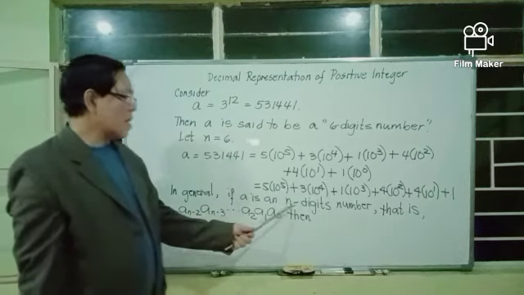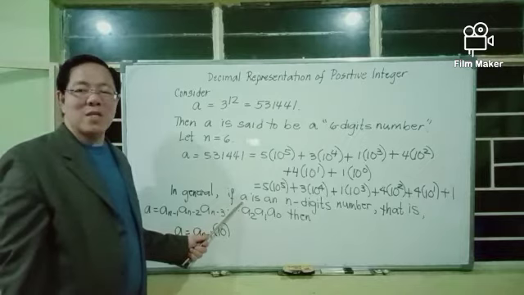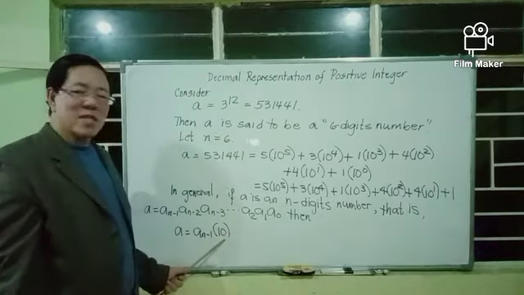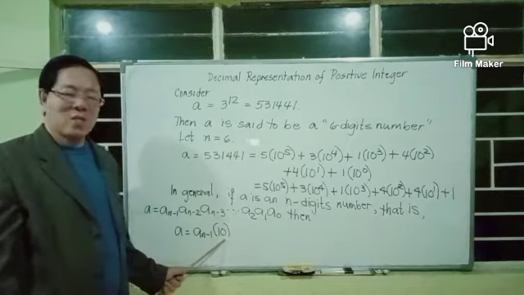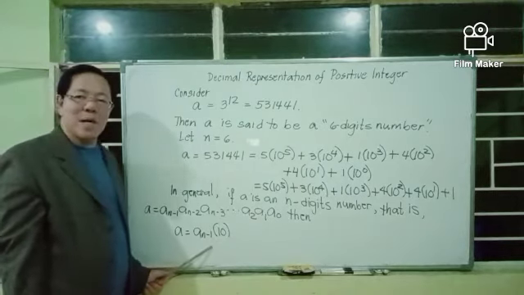And n is the number of digits in a. We are given that the positive integer a is an n digits number. Hence, the first exponent is n minus 1, which is the subscript of the first digit a sub n minus 1.